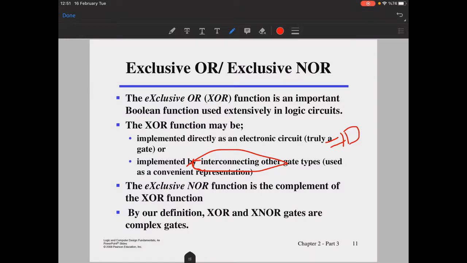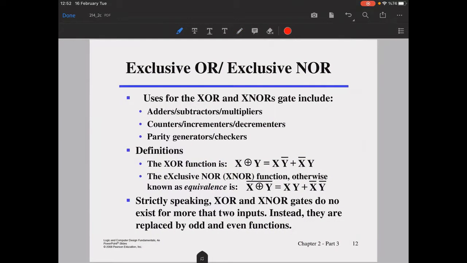That's the idea. An exclusive NOR function is just the complement of your XOR function, just putting a bubble here in the end. And by our definition, since we use more than one primitive gate here, XOR and XNOR gates are complex gates. We will see.